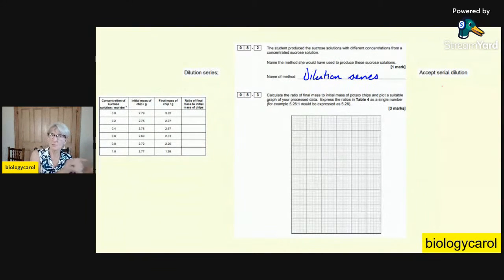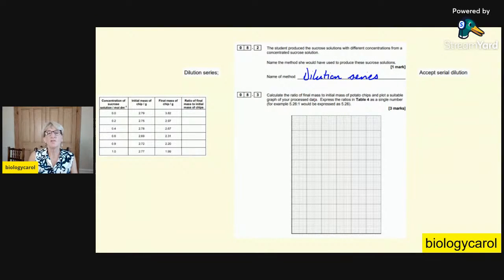Here, it is not an equal factor of dilution. The intervals are equal, it isn't an equal factor. So this is strictly a dilution series, not a serial dilution, but clearly let's not get too hung up about it. Anyway, maybe that was just too much information, apologies.